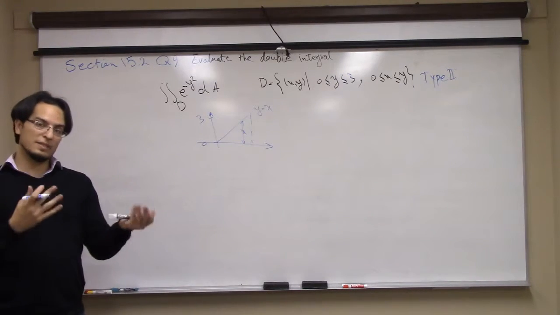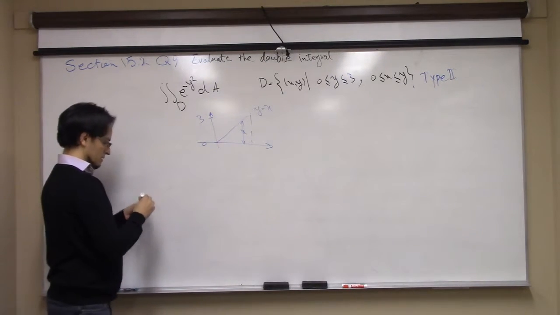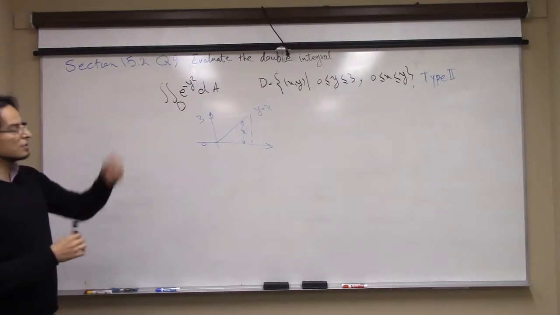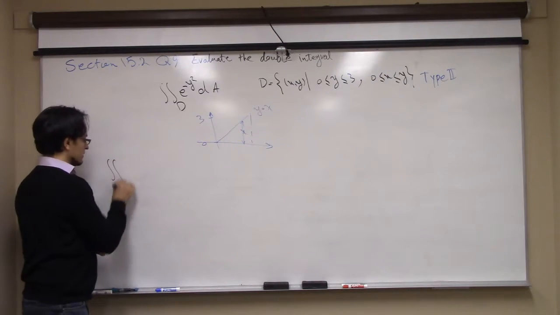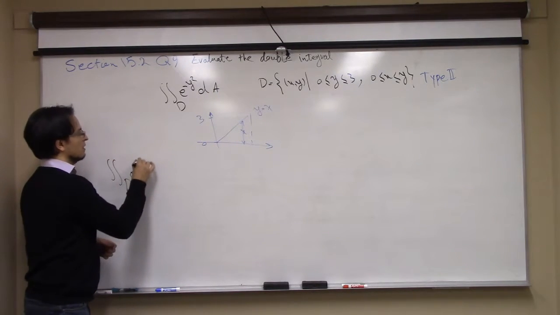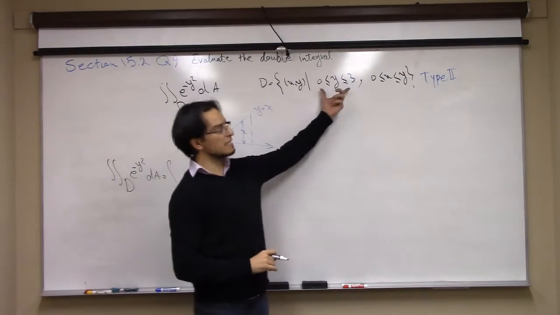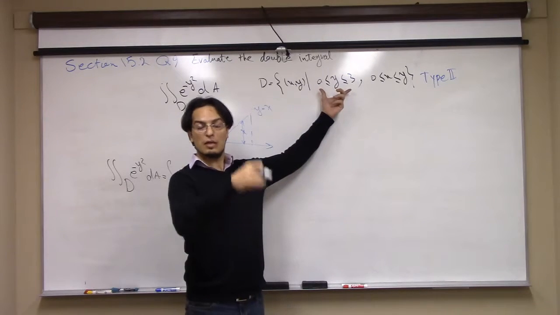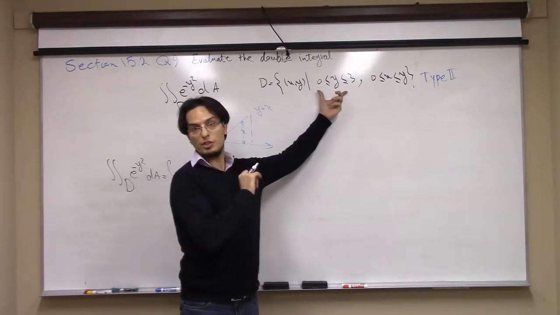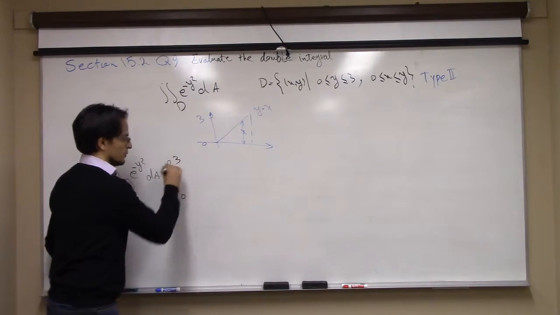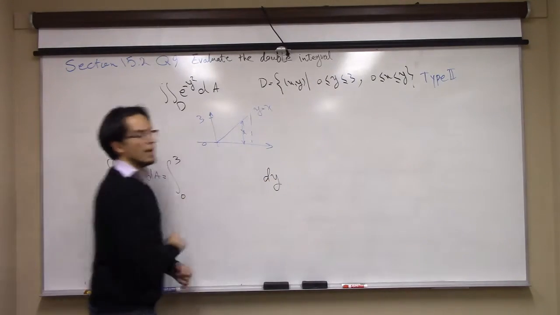So when you have this kind of region, in my double integral I have to put the constant boundaries as the boundaries of the outer integral. So 0 to 3, and those are for y.